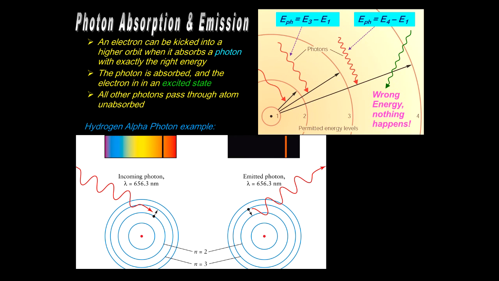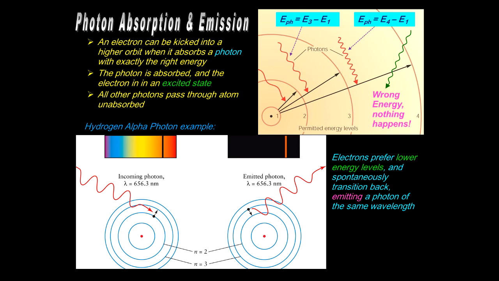So here's an example, hydrogen alpha line, as it's called. So we have a black body somewhere emitting a continuous spectrum, and one of those wavelengths is 656.3 nanometers, and it's just the right amount of energy to kick an electron from level 2 to level 3. Fantastic. It absorbs the photon. Then it turns out that nature loves lowest energy situations.